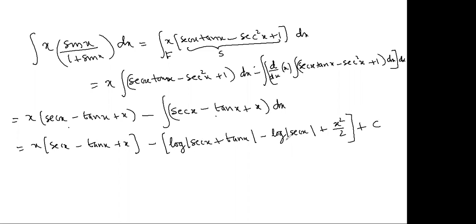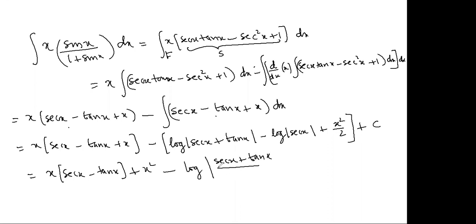Now what we'll do is the logs will combine and the remaining x square also you can combine. So I can write x times sec x minus tan x plus x square minus log of sec x plus tan x upon sec x, minus of minus, minus of plus minus x square by 2.